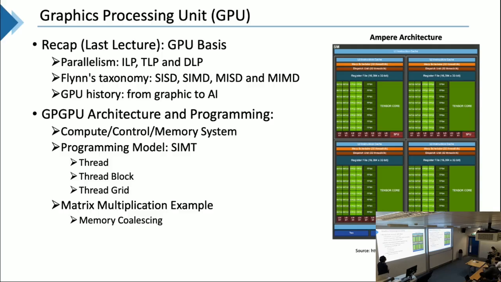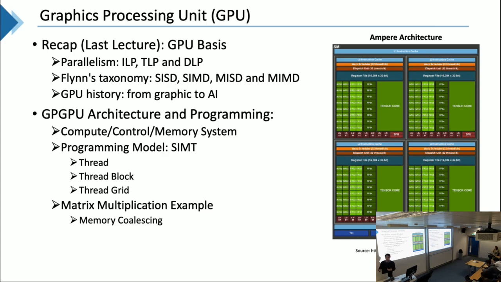We also introduced Flynn's taxonomy: SISD, single instruction, single data; SIMD, single instruction, multiple data; MISD; and MIMD, multiple instruction, multiple data.